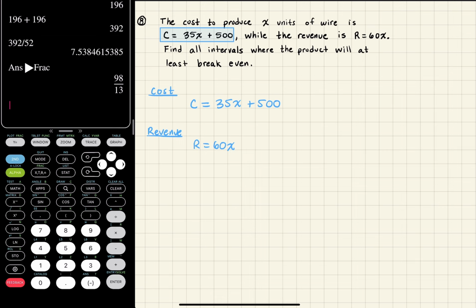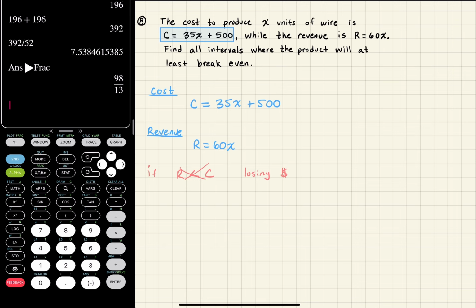So let's think about this. If our revenue was less than our cost, we'd be losing money, right? If we're bringing in less money than it costs to produce, then we're losing money. So we don't want that.